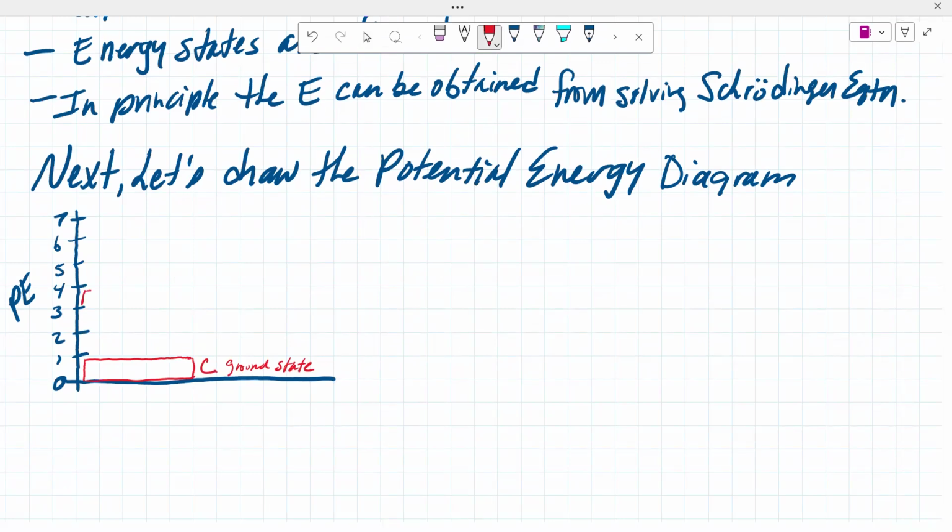The width of these doesn't mean anything, it's how far up it is that matters, but I need to give it some width so you can see it. This is the Z peptide, which is the closest to the C peptide because we retain the van der Waals interactions. This is called our first excited state.